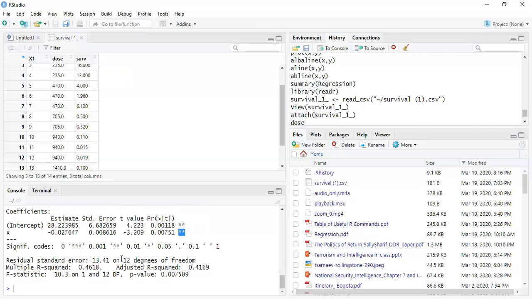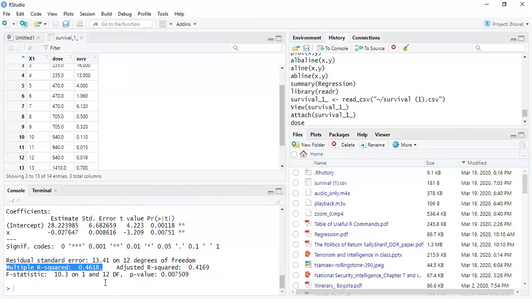It really depends on the area you're in. As I said, I've talked to engineers and they like really high ones, like 0.8. And that's really not realistic in the social sciences or even sometimes the natural sciences, but it's good. It's decent.